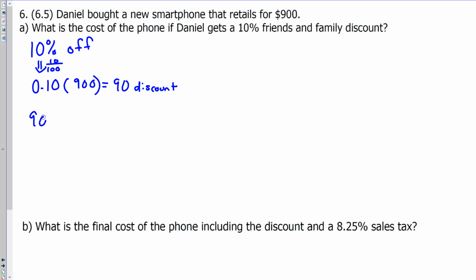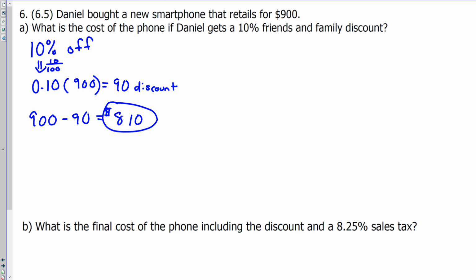So I still have to take my original amount, the 900, and subtract my $90. And that's going to get me $810. That'll be the new sale price. So I had to do two things here. I had to calculate what was 10% of the $900 cost, and then take that away from the total of 900 to get our new value.